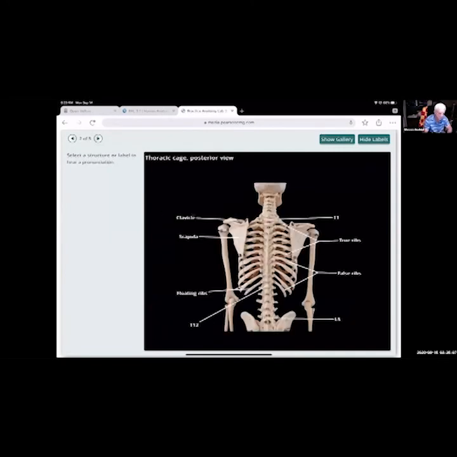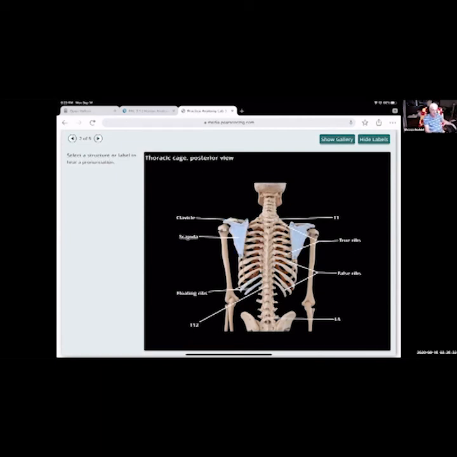Posterior view. You can see your first thoracic vertebra. That's where your first rib attaches, and then you can see your true ribs. T7, rib 7, and then the false ribs, ribs number 8 through 12. You can see your free floating ribs.